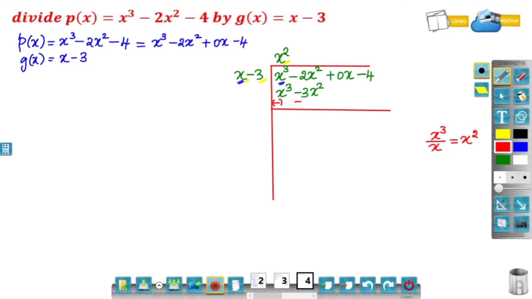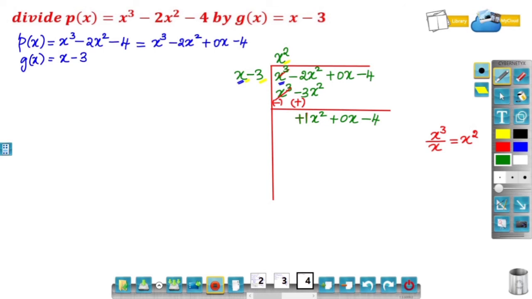Minus 3x square becomes plus 3x square. So x cube minus x cube is 0. Cancel. Minus 2x square plus 3x square, having different sign, 3 minus 2 is 1, plus 1x square. Plus 0x minus 4, write as it is.